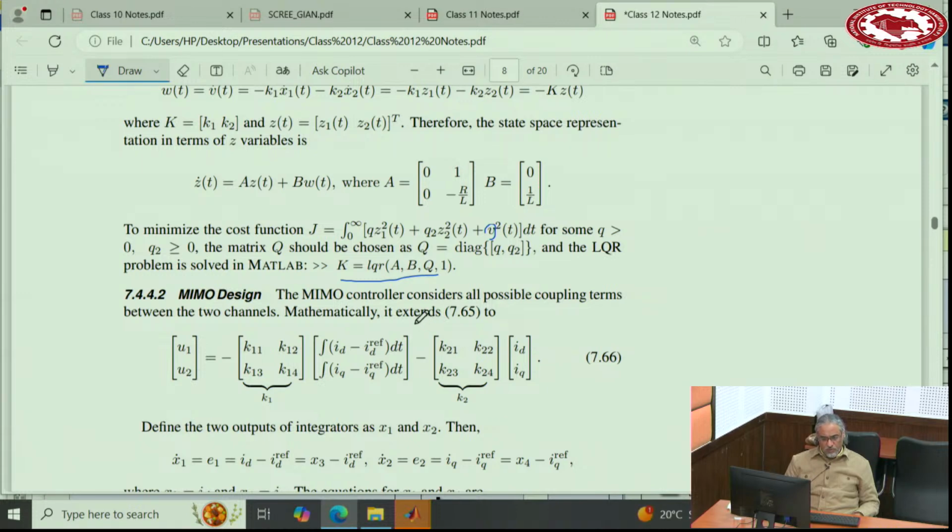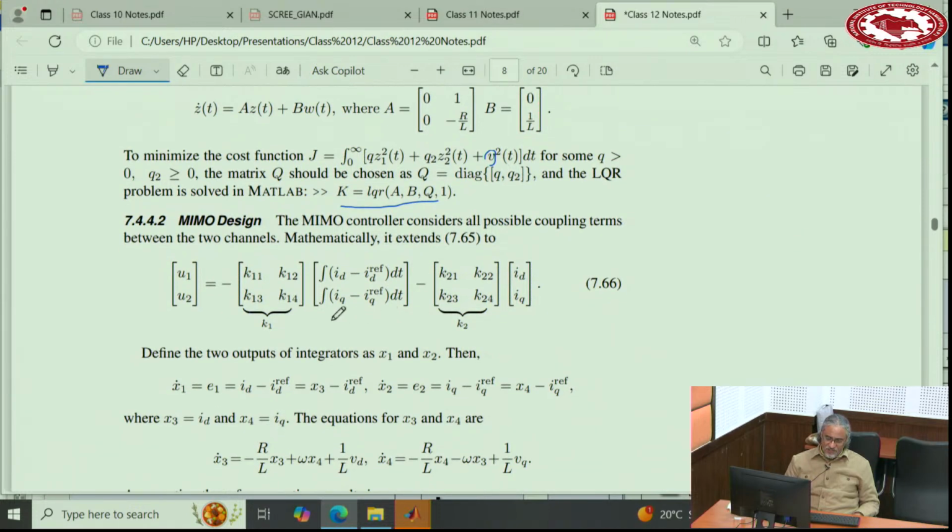For MIMO, what it says basically now, it says I took both of them, the integrating part and the non-integrating part, and I multiply into a matrix. So this is a matrix here, this is a matrix here, right? And I'm going to design this K1 and K2. So now I have like 8 coefficients, and they are all linked together.